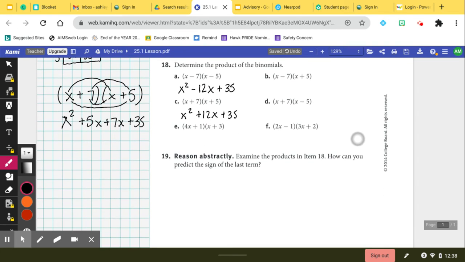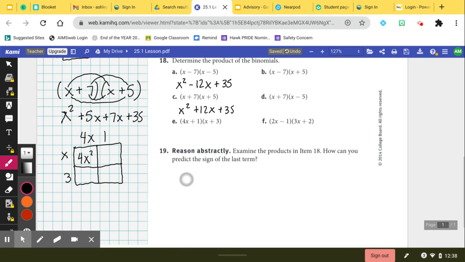And then we'll do E together, and I could use the box method or FOIL. I'll do box method for this one. Again, it's a binomial by binomial, so it's going to be a 2x2 box. The first binomial terms are going to go up top, so 4x and 1, and then x and 3. So we get 4x times x, which would be 4x squared.